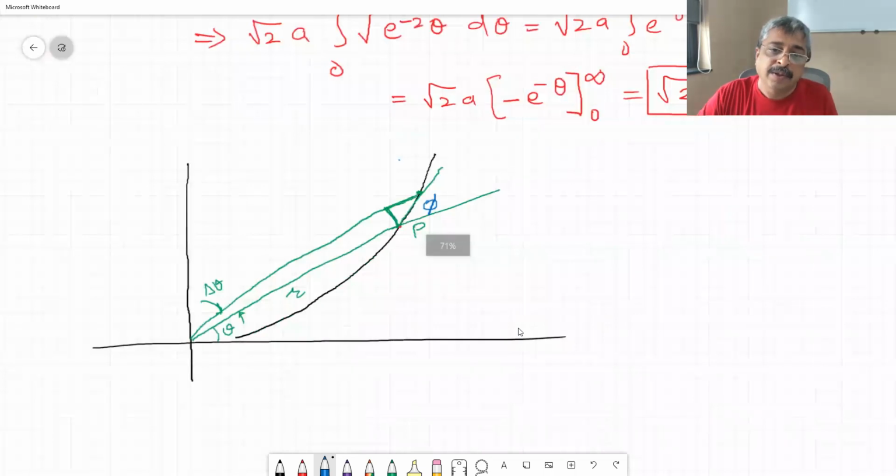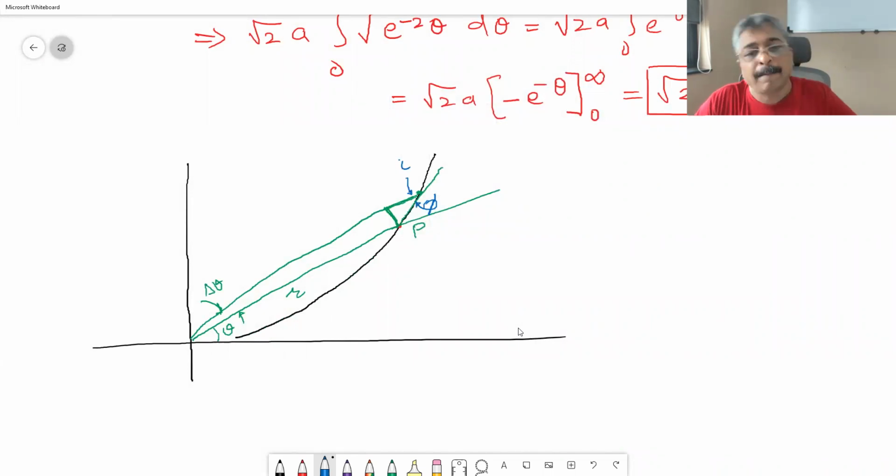Now this angle is psi. What is phi? Phi is this angle. That angle is psi.